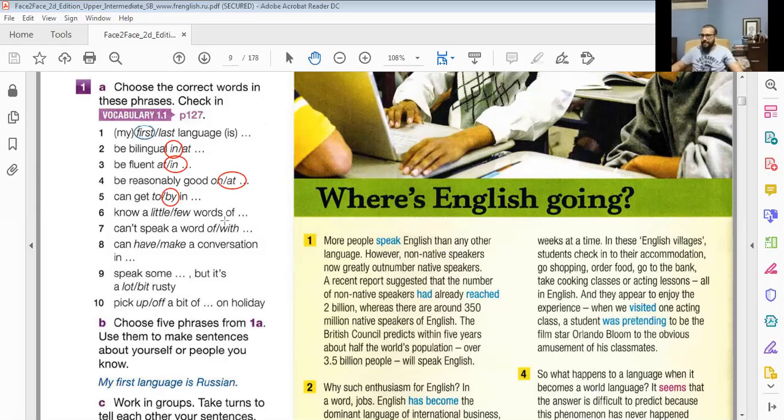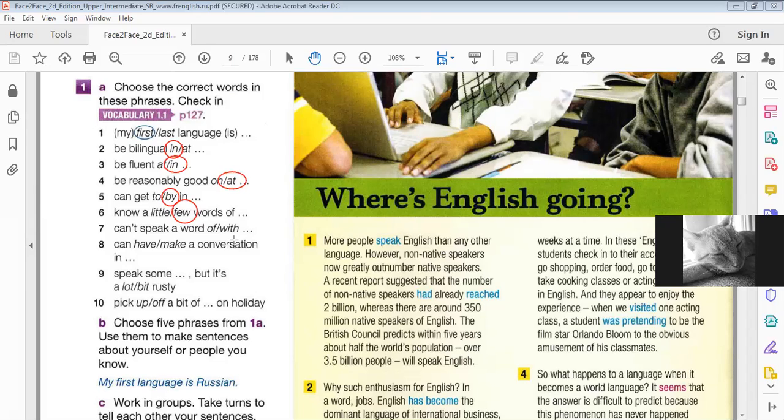A few words, yeah. And number seven, if you're talking about yourself, I can't speak a word. Is it of or is it with? I think of. Of is correct.